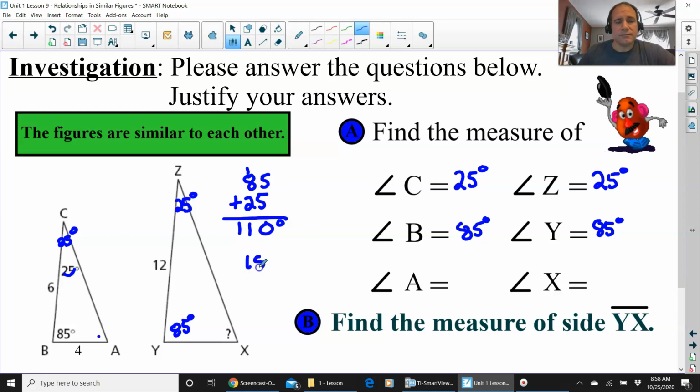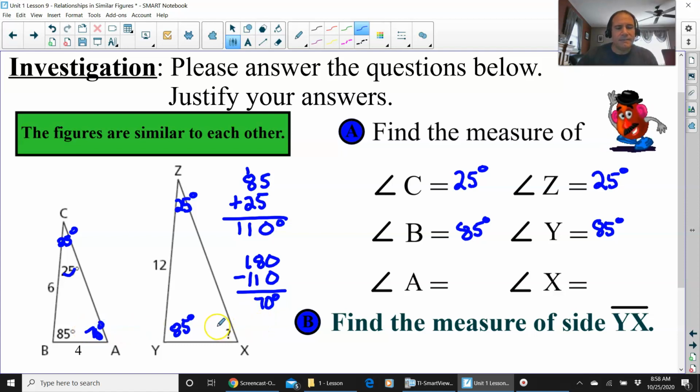Remember, interior angles of a triangle equal 180 degrees. You subtract whatever sum of the other two interior angles is, and get 70. So angle A is 70 degrees. That means angle X, which is the corresponding angle in that similar figure, is the same thing, so 70 and 70.